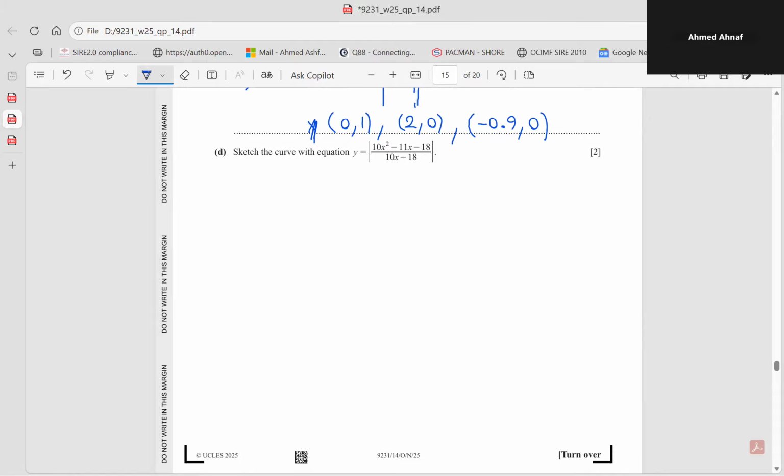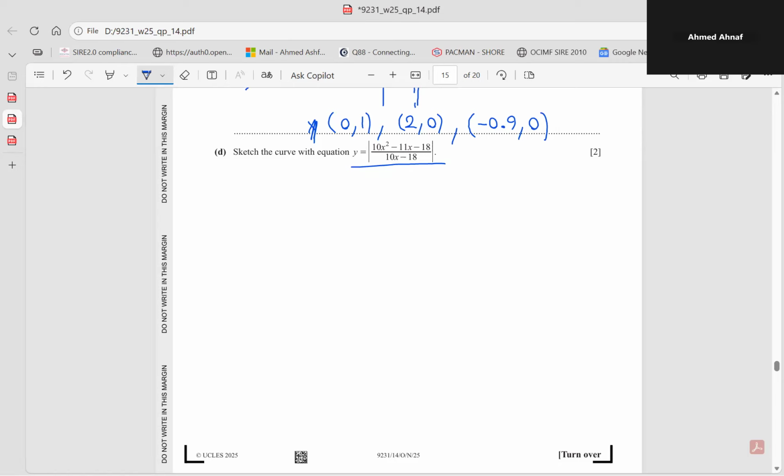For this part, we are told to sketch the curve with this equation. It's basically the same equation as we sketched just now, but this time the whole thing has a modulus sign outside of it. What that does to the graph visually is that everything below the x-axis gets reflected above the x-axis.